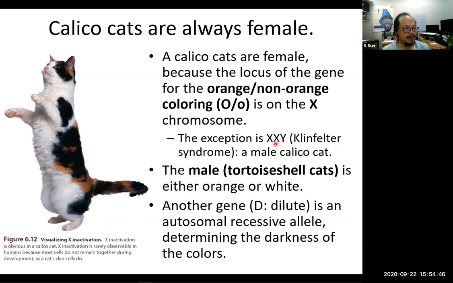If the male has a disorder, the XXY disorder, it has one more X, then it may have both X. And this male, with a Y, so it's a male, may generate a pattern that looks like a female condition.